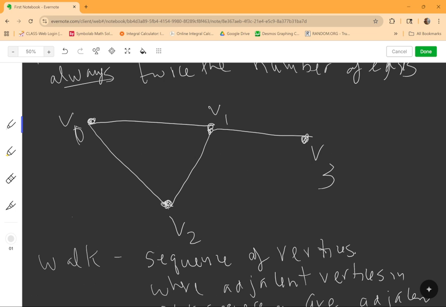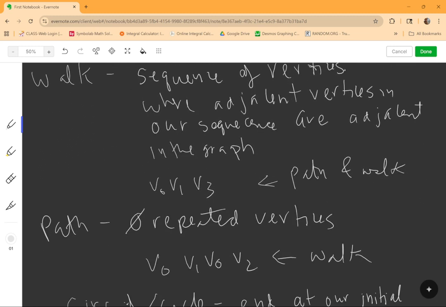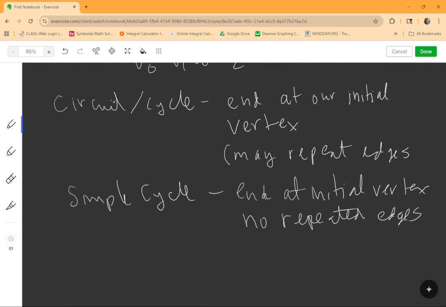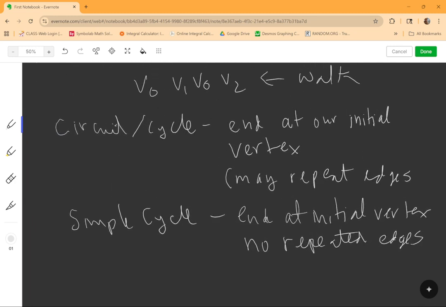Simple circuit. Notice that's not always possible, because if we start at V3, there's no way to get back there without repeating an edge. We'll get more detail in later sections: when do I know of their existence, how to find them, etc. Those are different types of problems. Here we're just defining a cycle and a simple cycle.